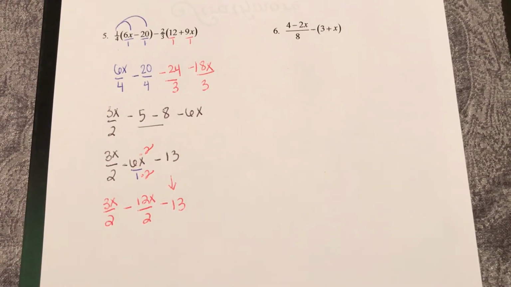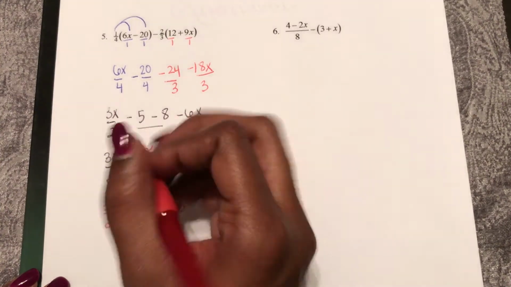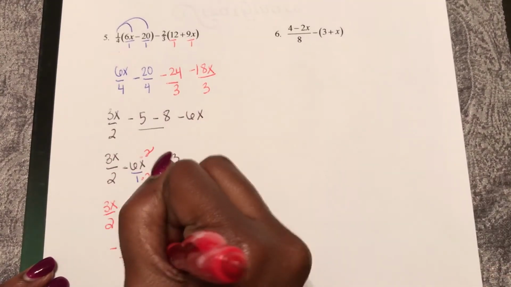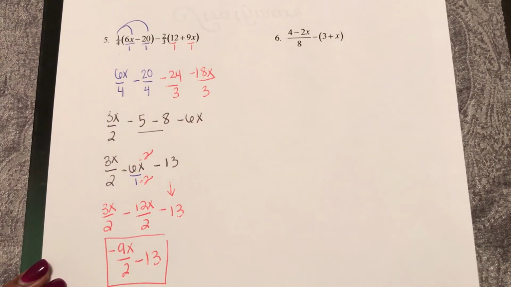Now that I have common denominators, I can combine these two. 3x minus 12x is negative 9x over 2 minus 13. So that required properties of multiplying fractions and adding fractions.